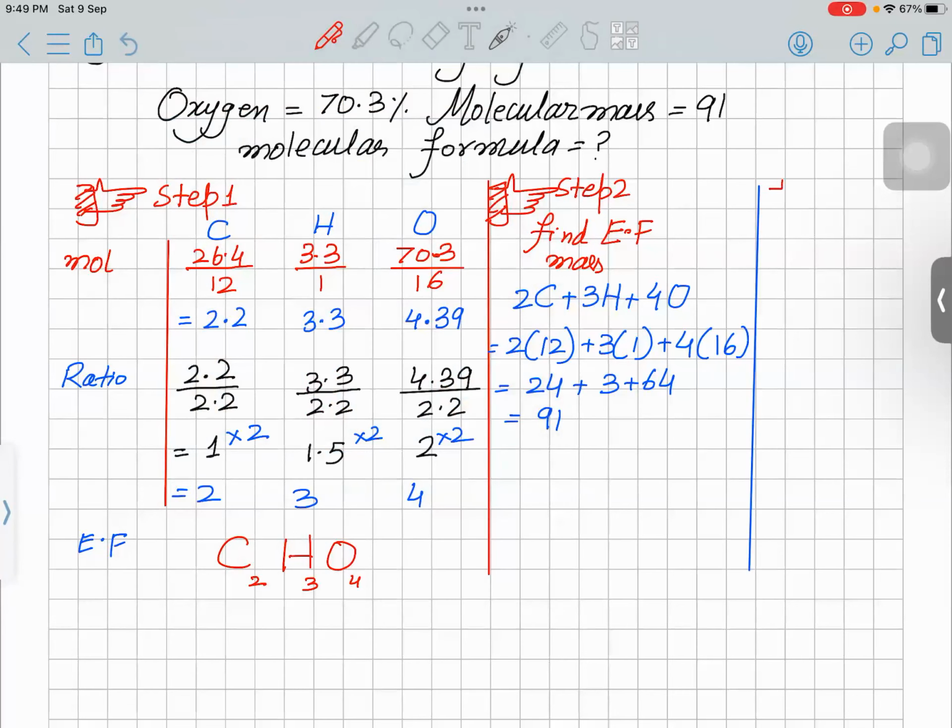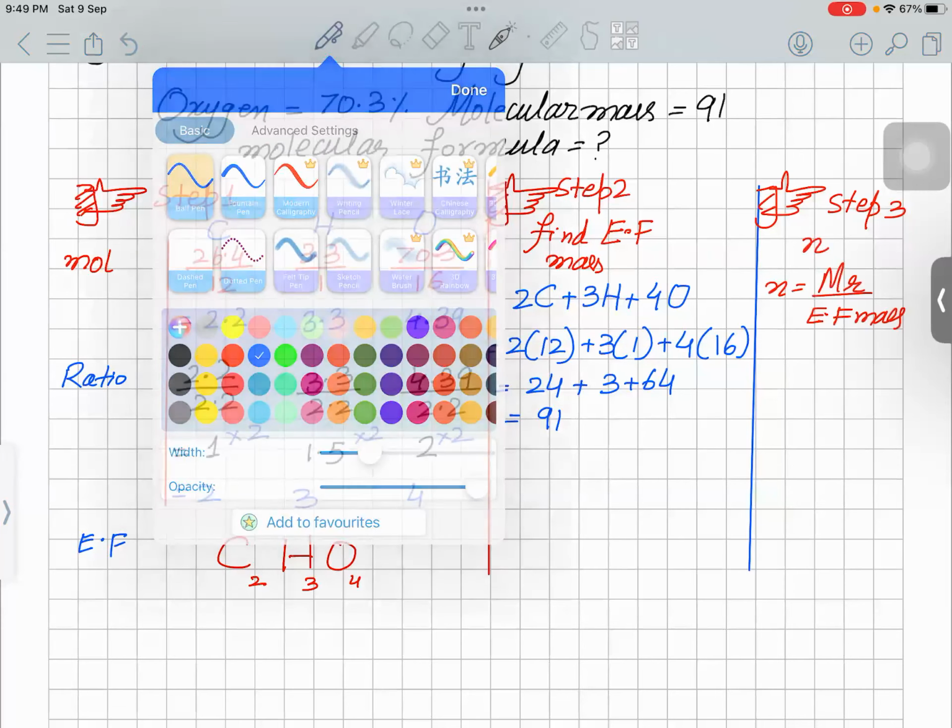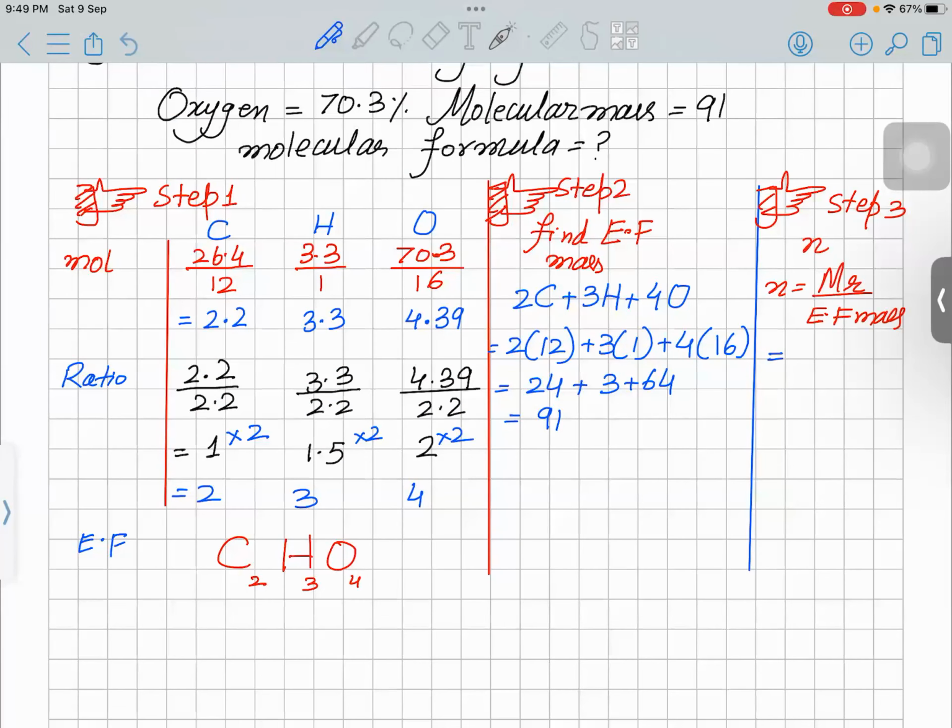Now step 3 is n. So n is equal to Mr over empirical formula mass. The molecular mass is already given, right, sir? It's 91. So 91 over 91 is 1.